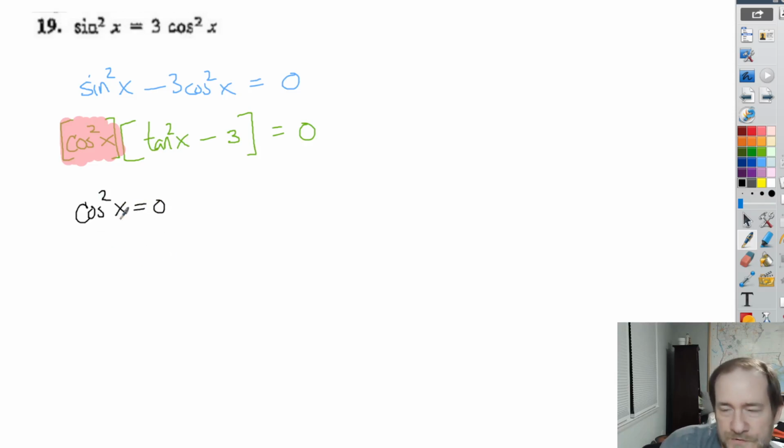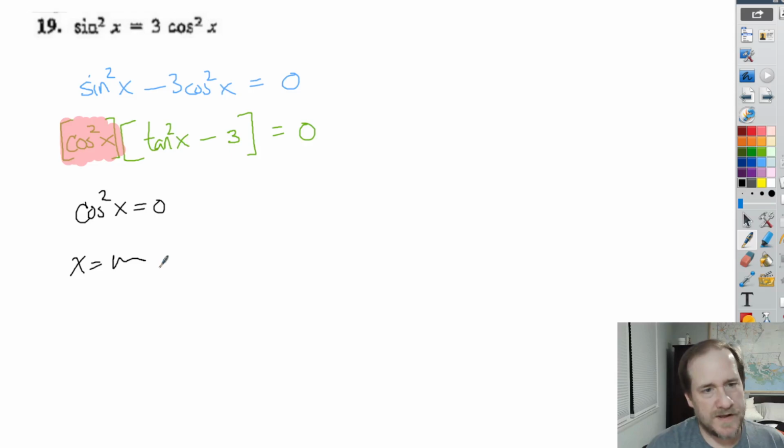And if I was to solve this and find all the values of x that make cosine equal to 0, would they all end up being extraneous, or would they all end up being real solutions that I need? Well, hop back up here. Isn't tangent sine over cosine? So tangent's going to be undefined when cosine is 0.